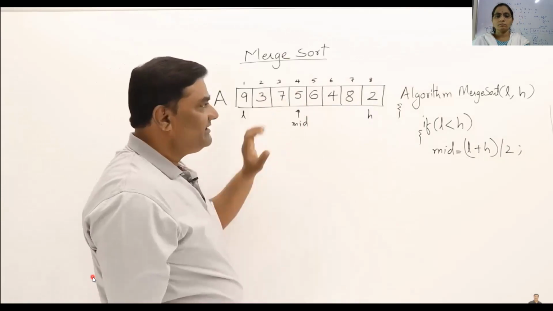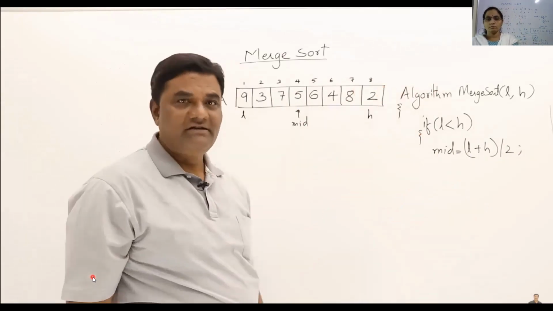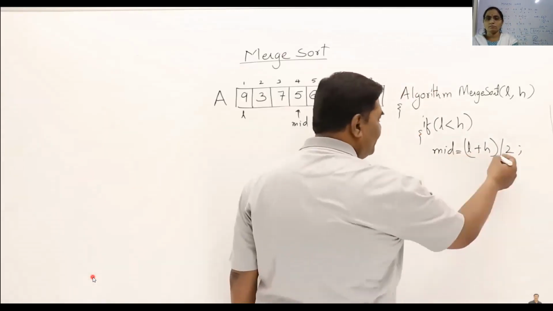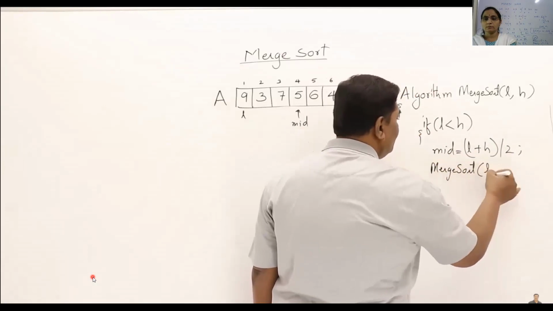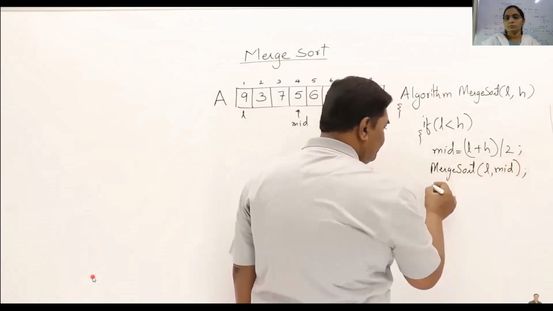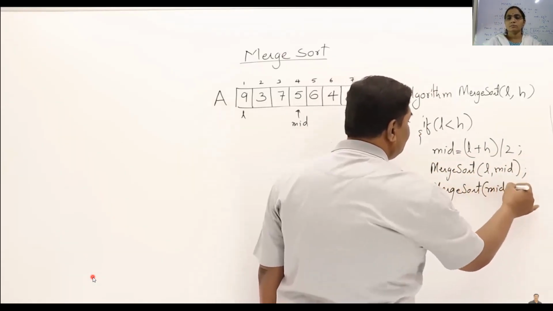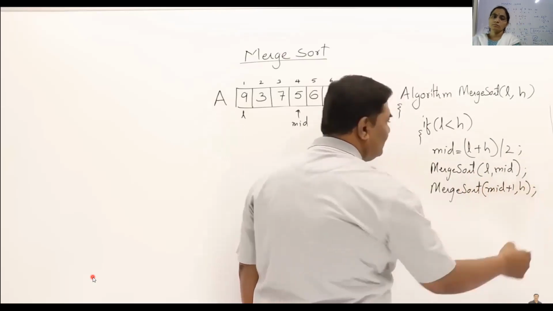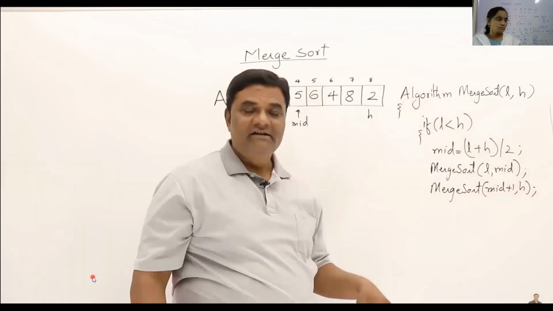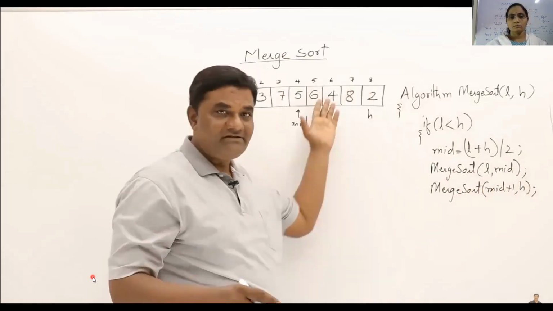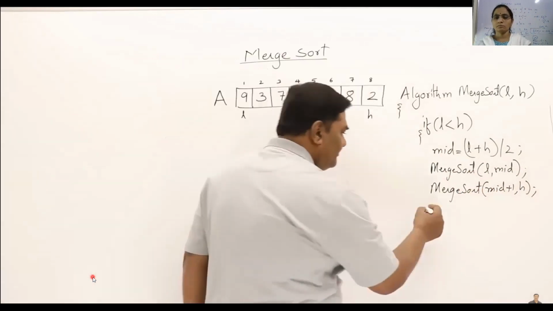Then perform merge sort recursively on the left hand side, from low to mid, and also on the right hand side, from mid plus 1 to high. By performing merge sort on both sides, we sort the two lists, and when two lists are sorted, we can merge them together. So perform merge.